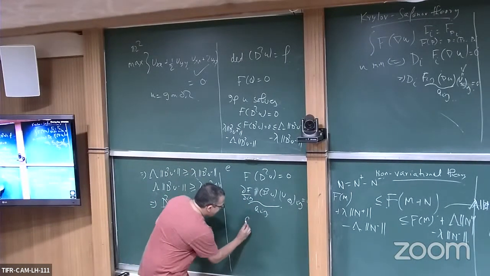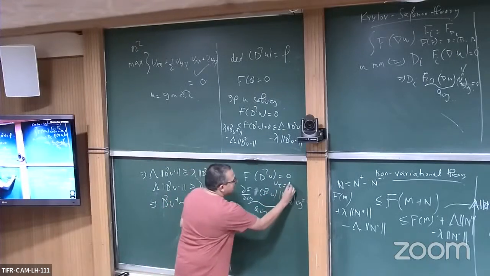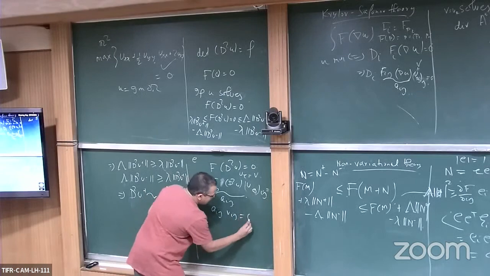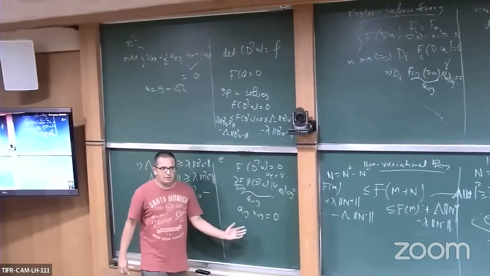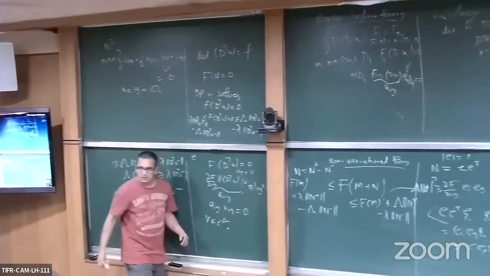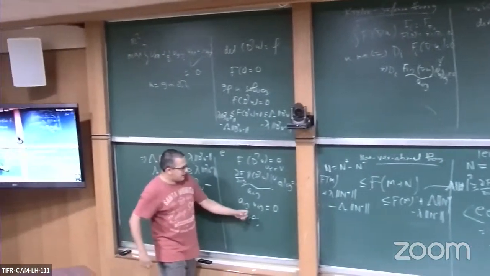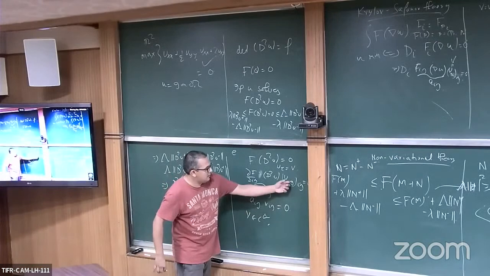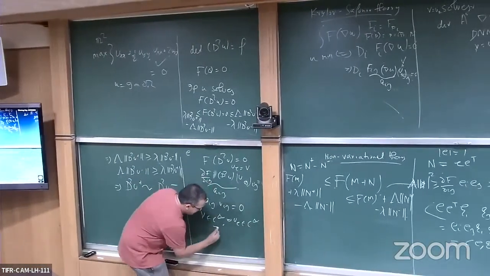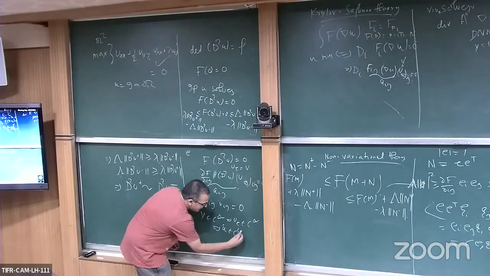Therefore, I have that u_e = b solves A_ij b_ij = 0. So the Krylov-Safonov theory is about showing that b is C^α. And then if b is C^α, that will imply that u_e is C^α, and therefore u is C^{1,α}.